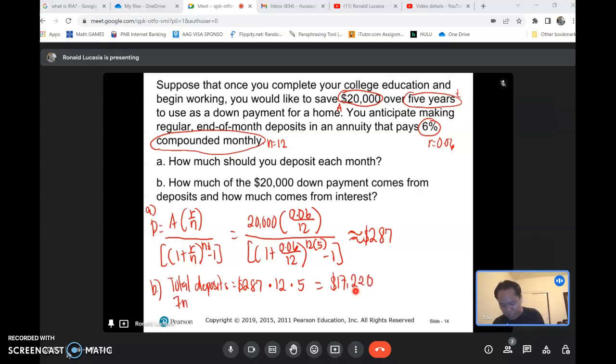So the interest is 20,000 minus 17,220, and that's going to be 2,780. The interest made on your money was 2,780, and you are going to make a regular payment of 287 per month for the next 5 years in order for you to have 20,000 after 5 years.